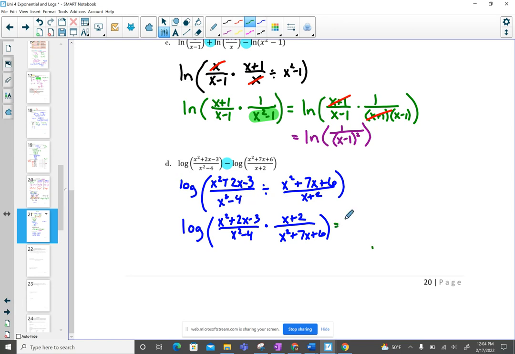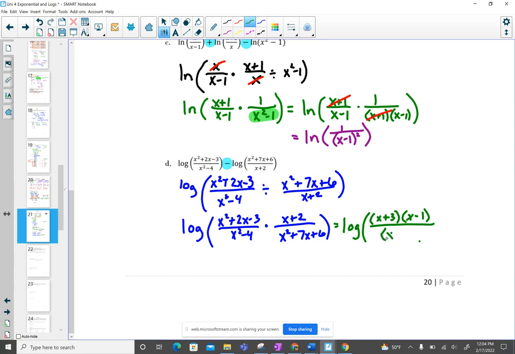So this is going to be log of, let's see, the top one becomes x plus 3 times x minus 1. It has to add to 2, multiply to negative 3.